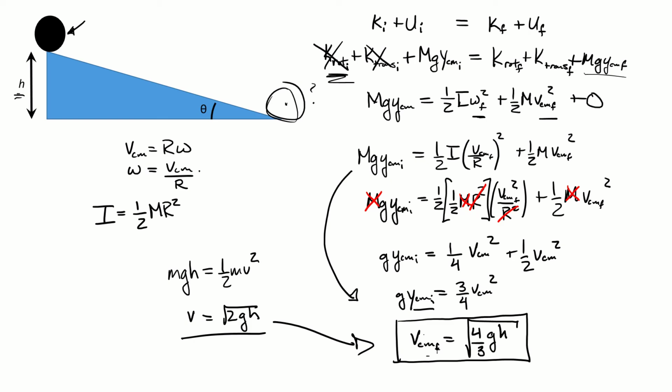So when you think about that, if you have an object rolling, it's going to move slower than had it just been sliding without friction, say. And it's all because there's energy associated with just that rotation, not even counting the fact that it's changing position, that translational kinetic energy.